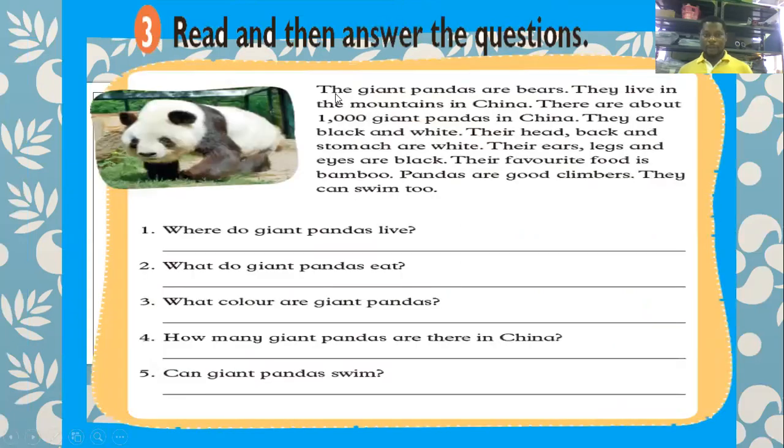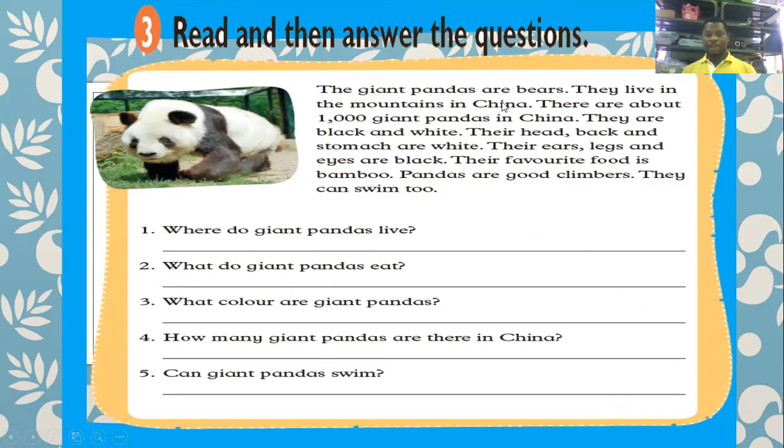And then here we are going to read and then answer the questions about a giant panda. I'm going to read about the panda. So you have the giant pandas. Listen and repeat after me.